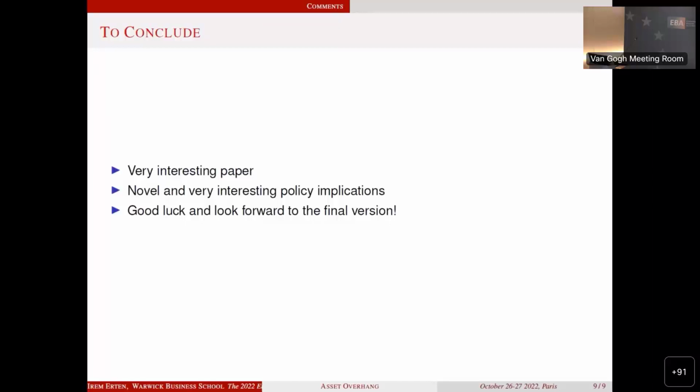Then my second comment may be as a result of not really understanding the dynamics of the diffusion, but it feels a bit sad that you have these innovative companies and then that results in a negative position for the other firms.